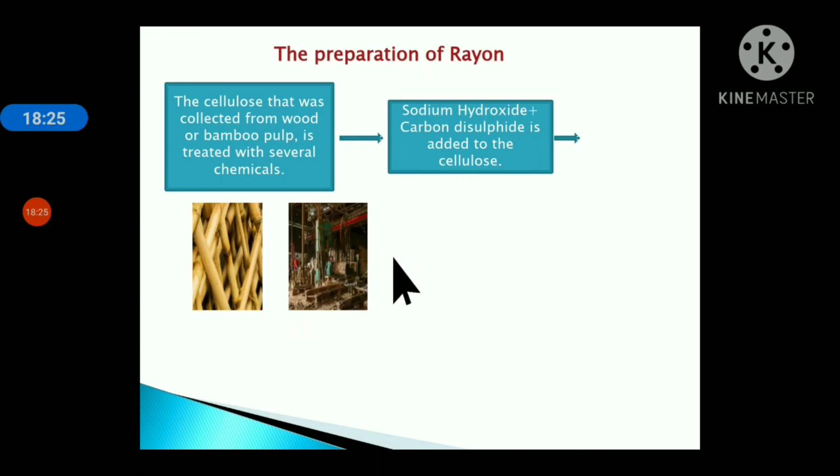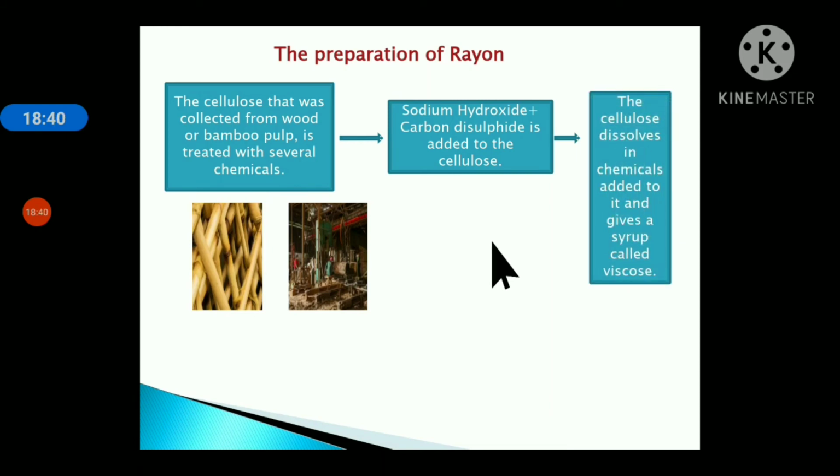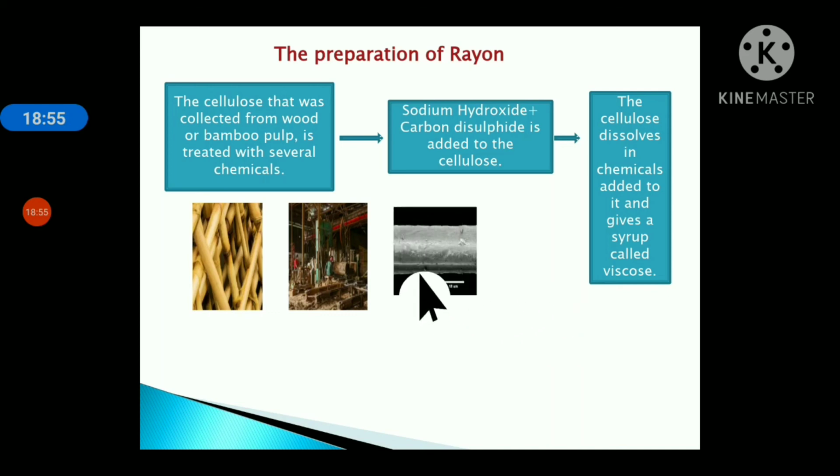The cellulose dissolves in the chemicals added to it and gives a syrup called viscose. Here this is a white colored viscose. It is in liquid form.